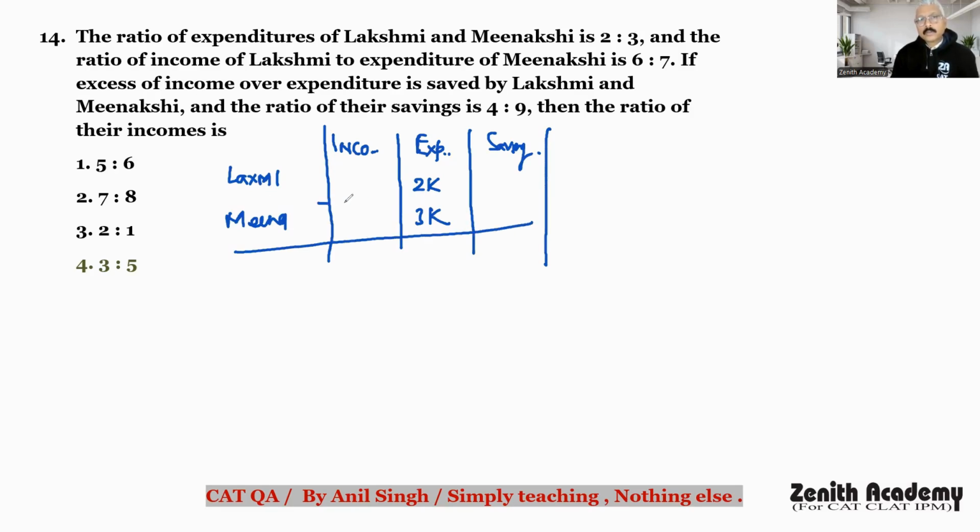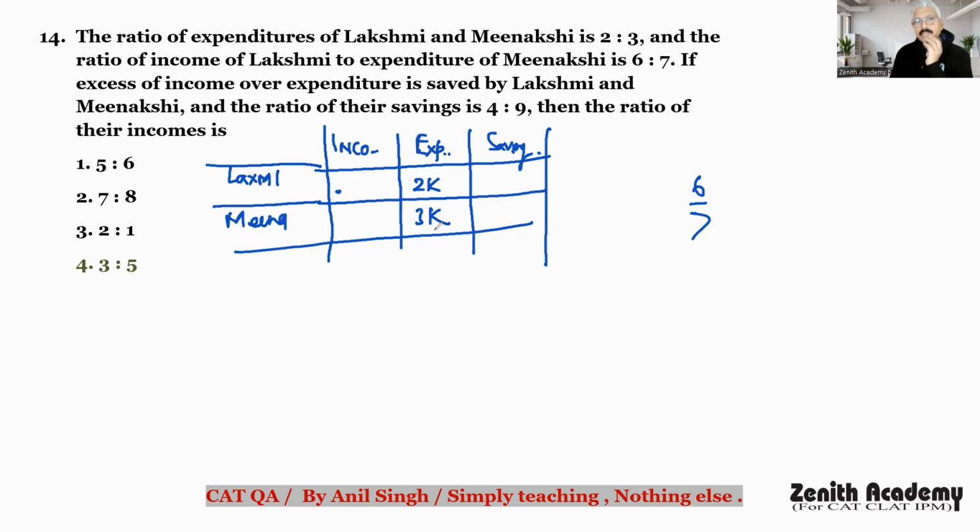Now look, here given the ratio of the income of Lakshmi to the expenditure of Meenakshi. It is given 6 is to 7. So look here. Do one thing.